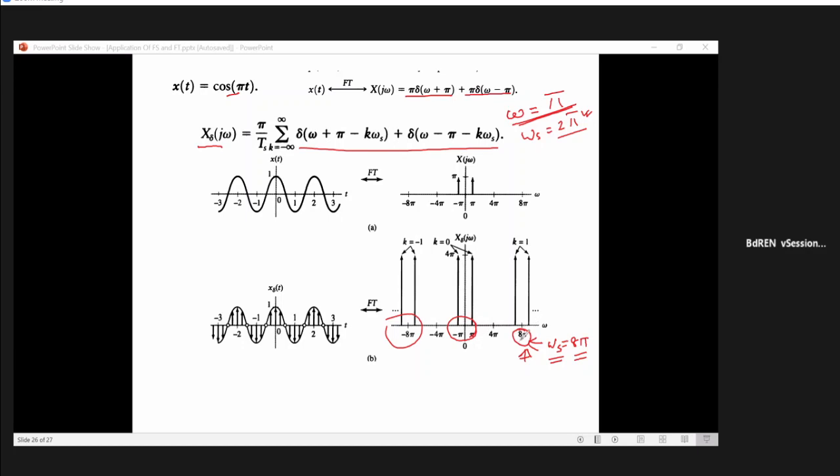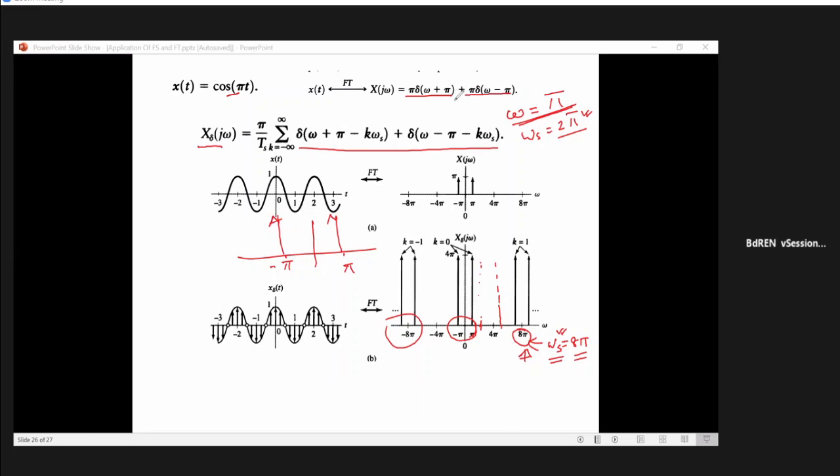Now, if we decrease, for example, our omega s to say 4 pi, then what will happen? Your signal will be coming here, isn't it? And if we further decrease it, then what will happen? The discussions are there in your book as well as in this slide; try to have a look. Say this is your original spectrum.